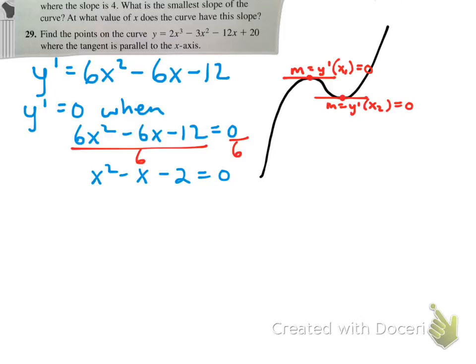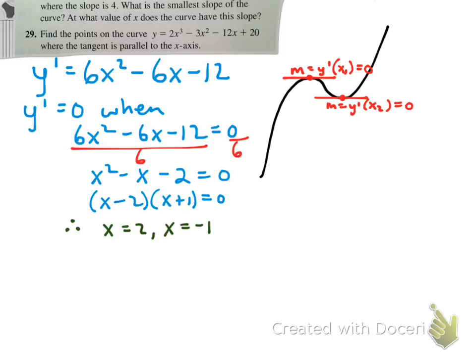And then the rest is just that algebra 1 stuff where we factor the left side and we set each factor equal to 0. So we say therefore x is equal to 2 and x is equal to negative 1. So that gets us the two x-coordinates of these points on the curve that force the tangent line to be horizontal.